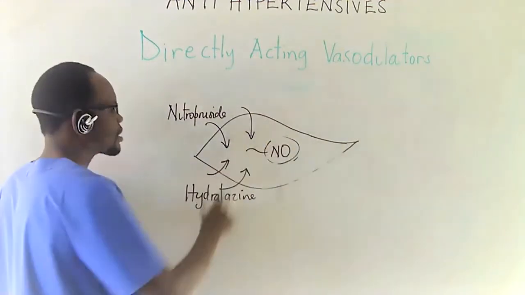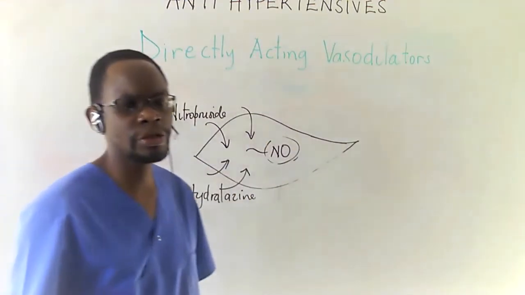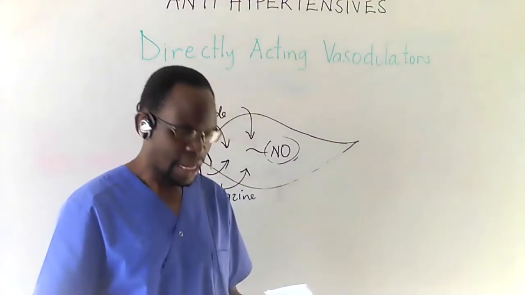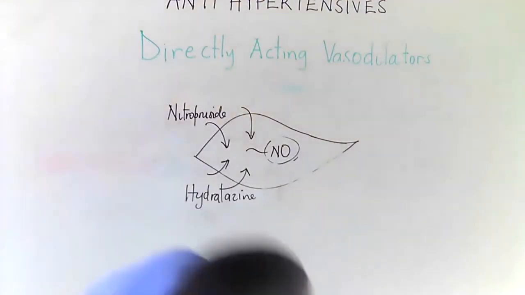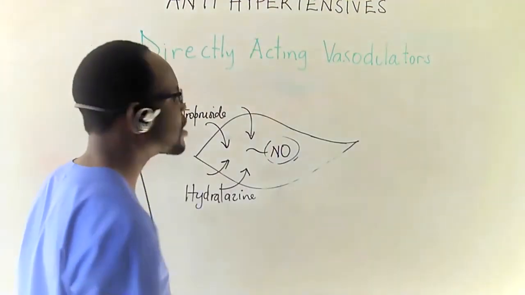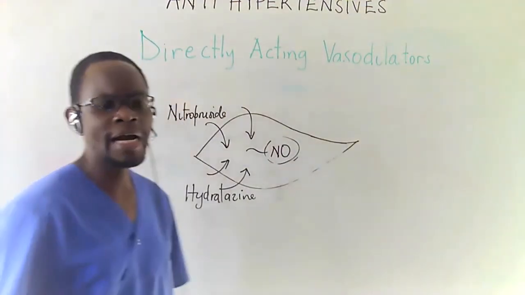And this nitric oxide is a very, very potent vasodilator. And so basically that is how they bring about vasodilation. And of course, if you have vasodilation, what does this mean?